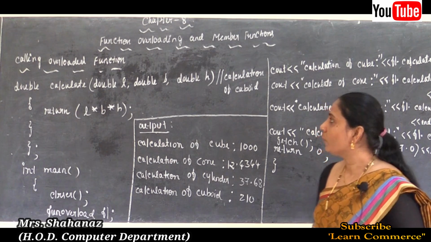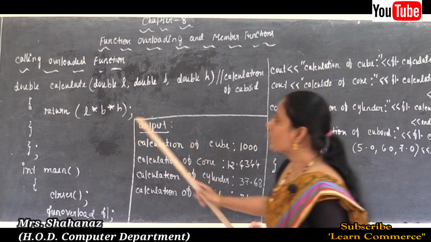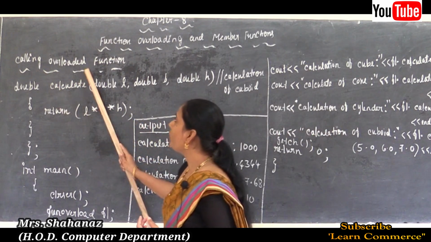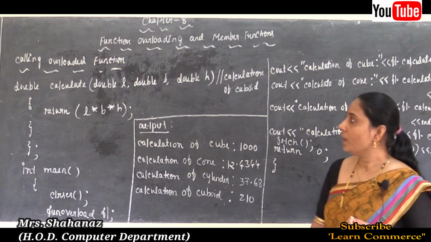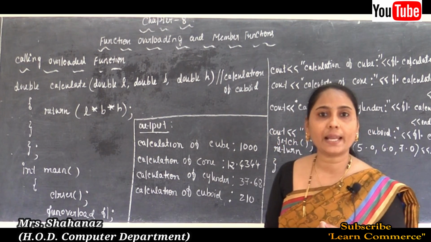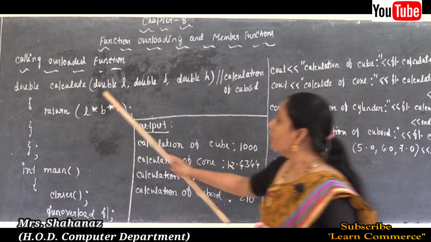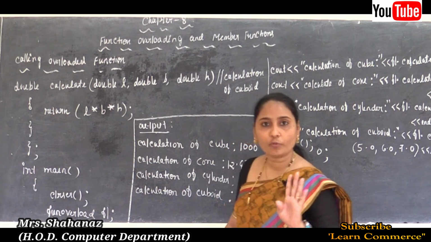Now, let us see one program for our function overloading. This is calling an overloaded function, and in this program the function name I used is calculate. The function name is the same, and in total I used 4 functions.